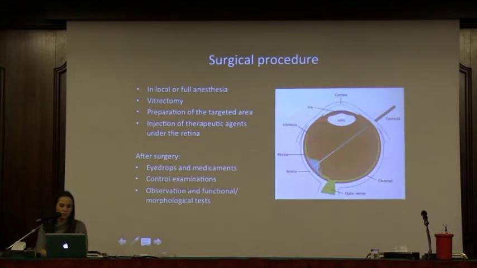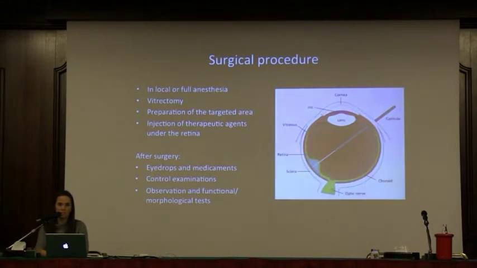We have to prepare the retina by an injection on the place where we want to give our vectors, our therapeutic agents, and then we inject them underneath the retina. Of course, before and after surgery, we do need a lot of examinations, and after the surgery, eye drops, medicaments, and control examinations, just to make sure that everything worked properly.